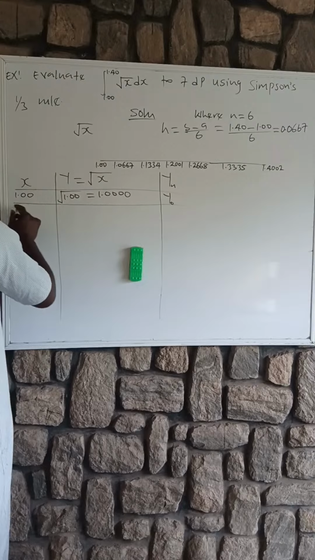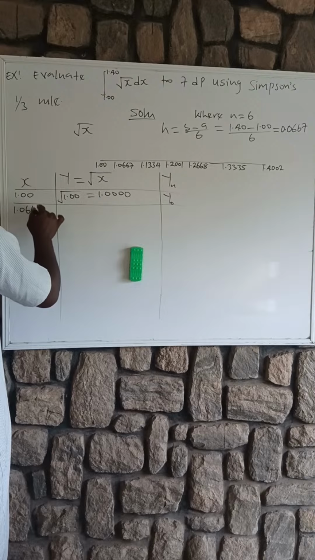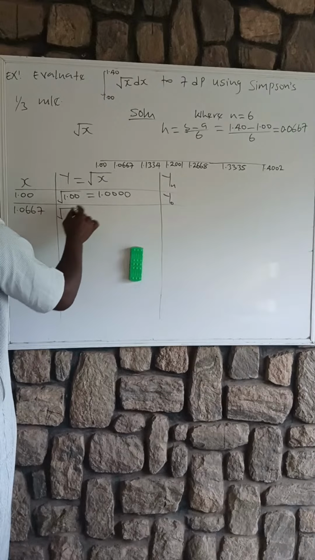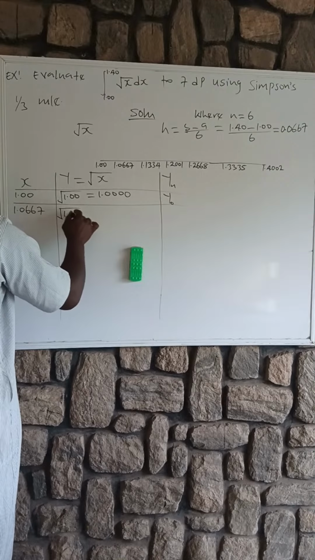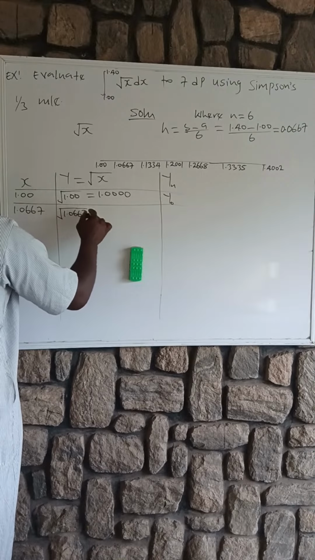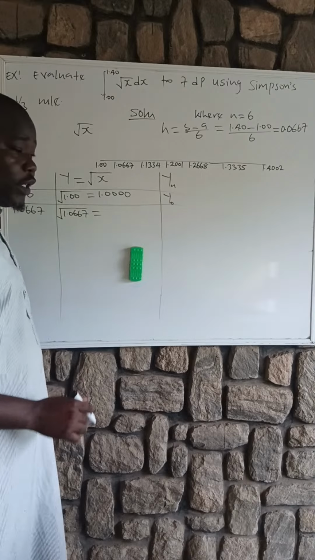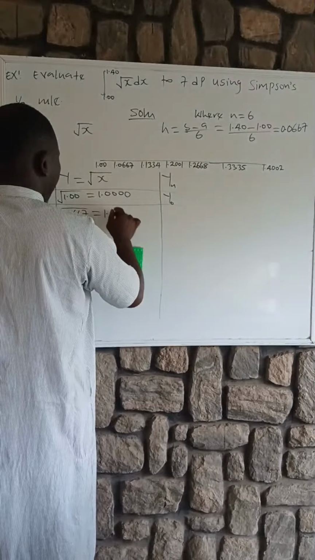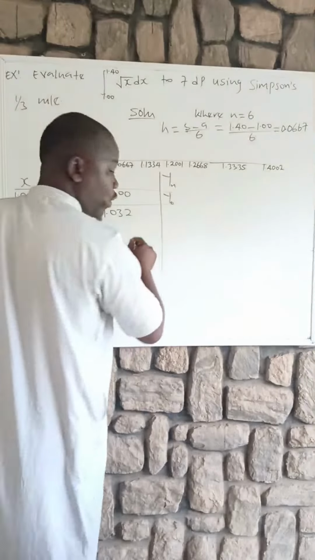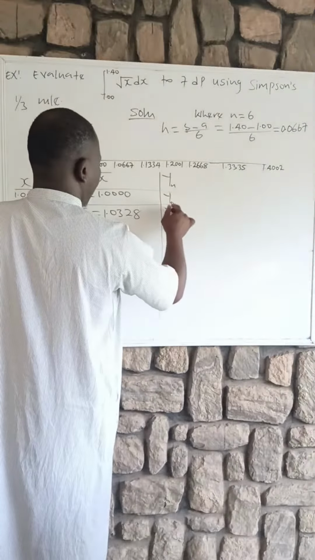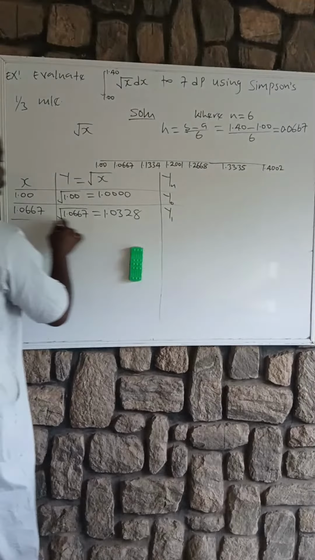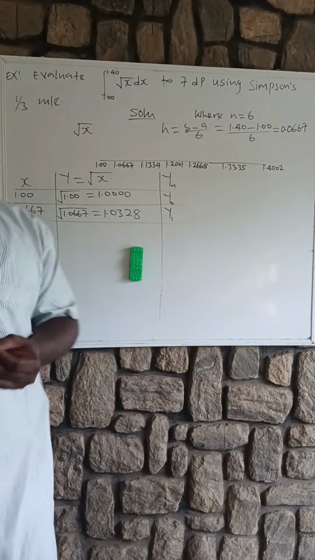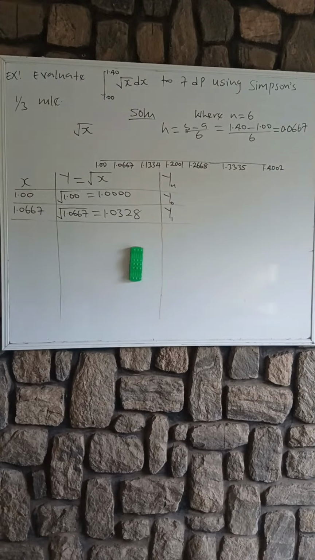Then 1.0667 minus the square root of 1.0667 is equal to, press your calculator. This will give us 1.0328. This is y1. I hope you are following. Any question? Any question, please?